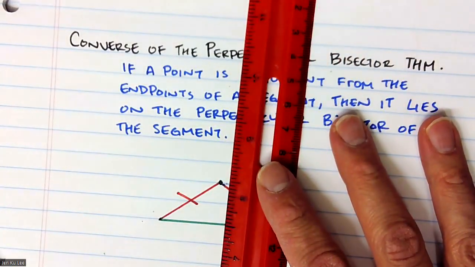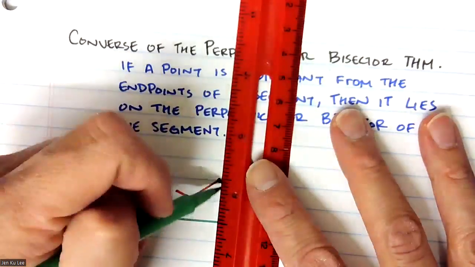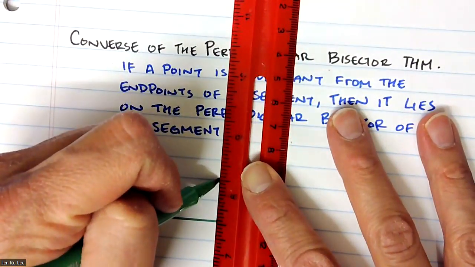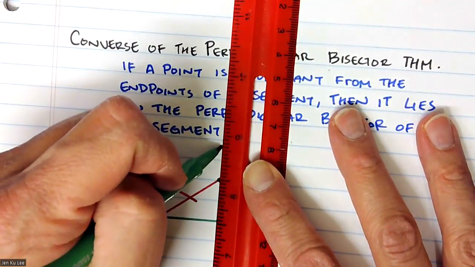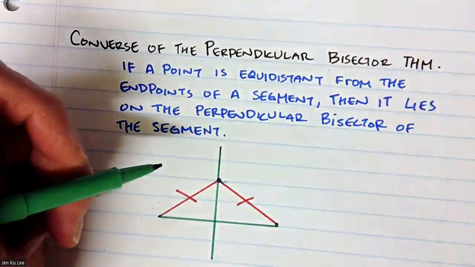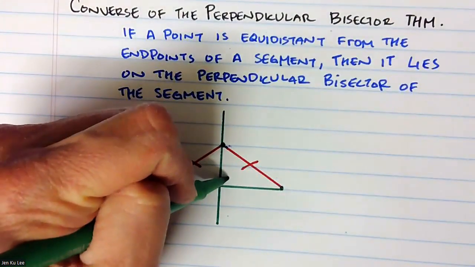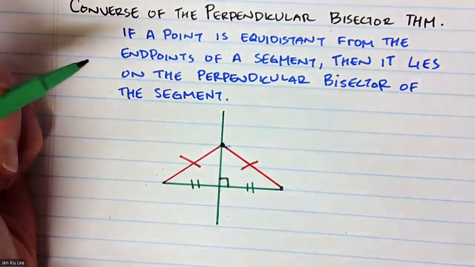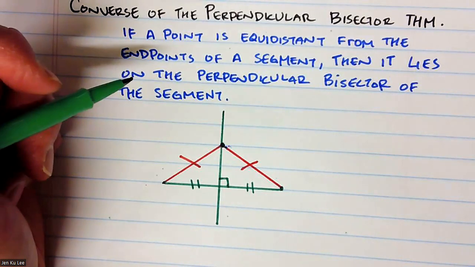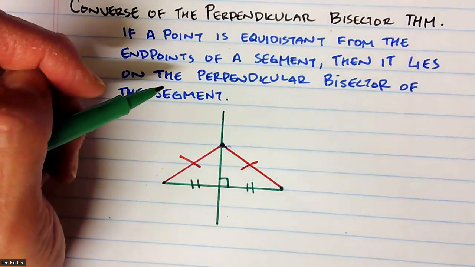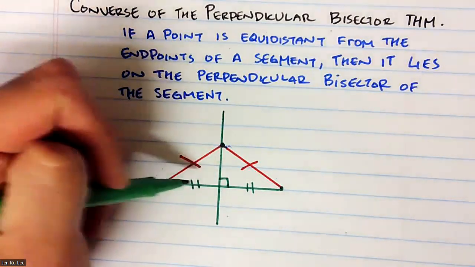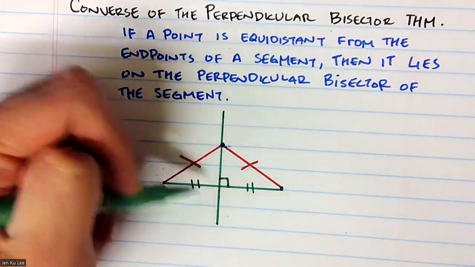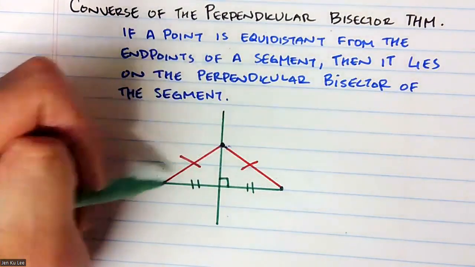So then if I draw a vertical segment from that point down, right? I know that this is perpendicular and I know that they are equal. Okay? So whenever you see a perpendicular bisector or a triangle like this, right?